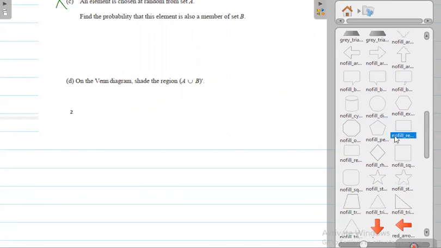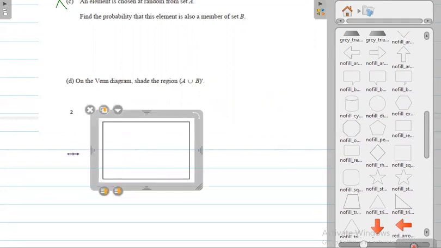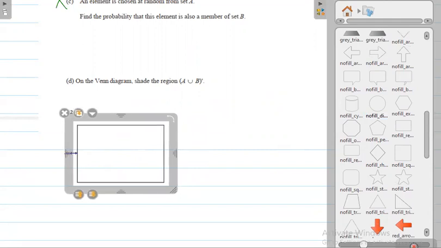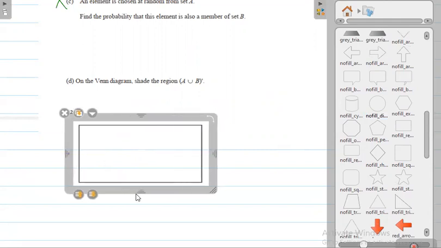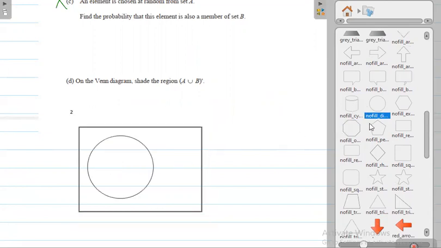Okay, let's take this one set. Oh, the set is going to be bigger than this one, so it's better to increase the size of this one a little bit. Okay, one set and another set, two overlapping sets. Set A, set B, because something is common in them already.